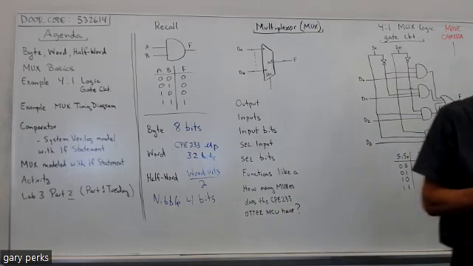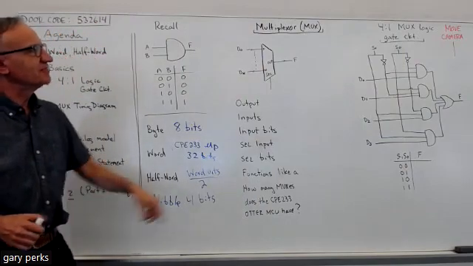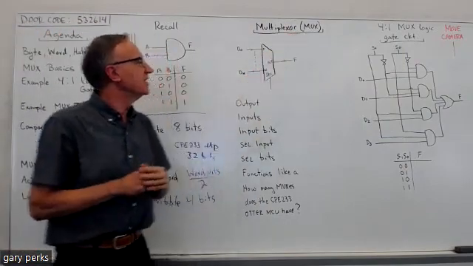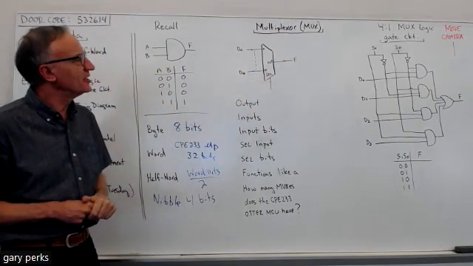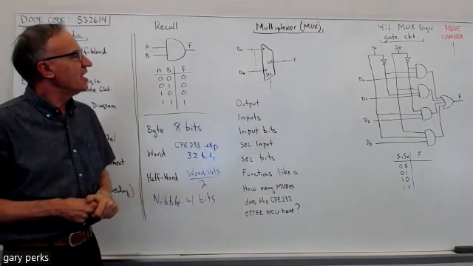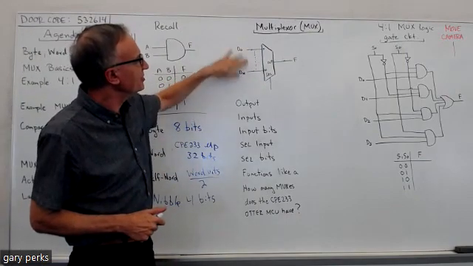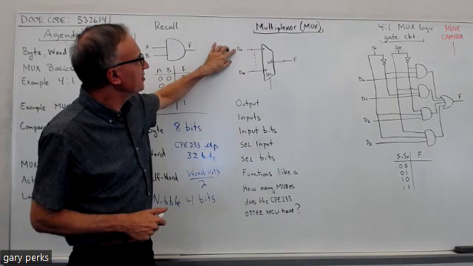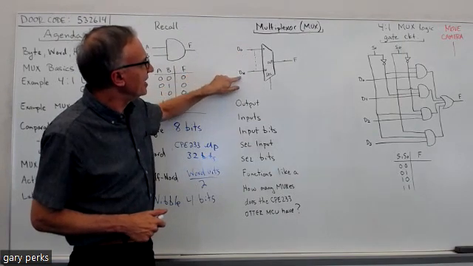Now, let's go over some basics of a multiplexer, also referred to as a MUX. This is the symbol of a multiplexer, and the multiplexer will have multiple what we call data inputs. I labeled this one D0, and you can see I put all these dashes down to DN.